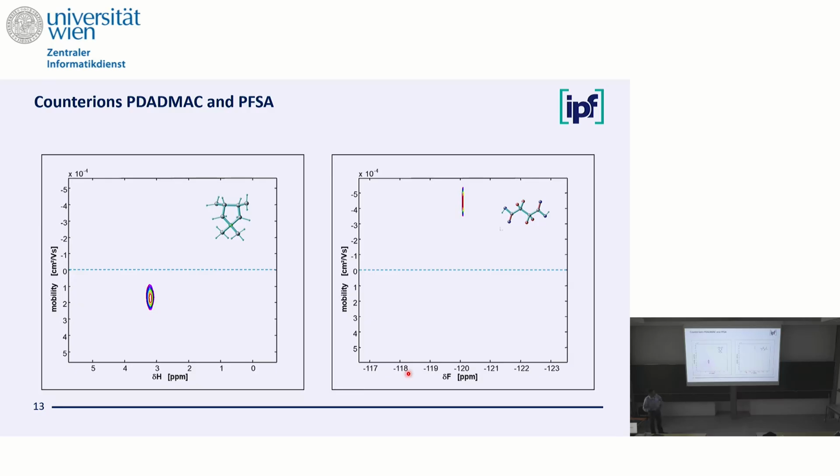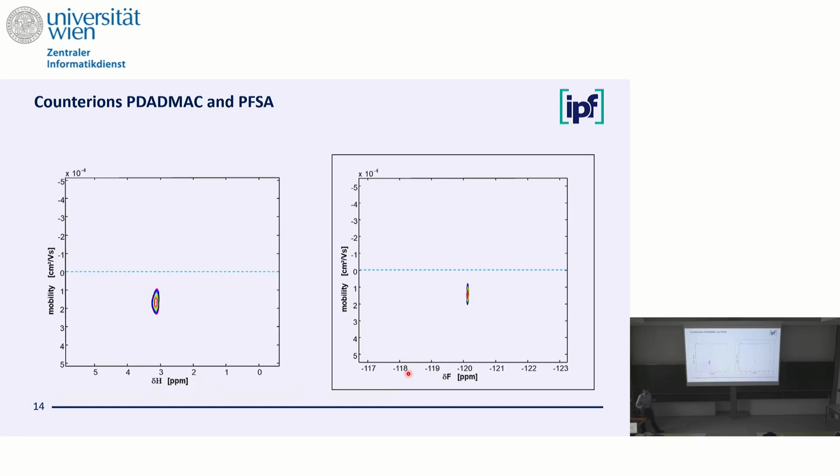On the left, we have the polyDADMAC with a positive electrophoretic mobility and the succinic acid. It only happens if I look at them separately. If I really bring them together in my cell, then you see that succinic acid effectively reverses the electrophoretic mobility.